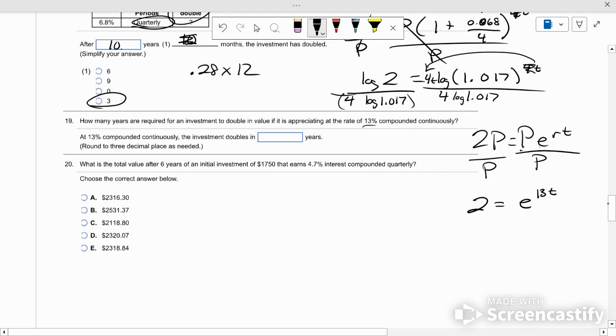How do we get rid of an E on both sides? You natural log it. So the ln of 2 equals 13T. So then you just divide by 13. What's the ln of 2 divided by 13?